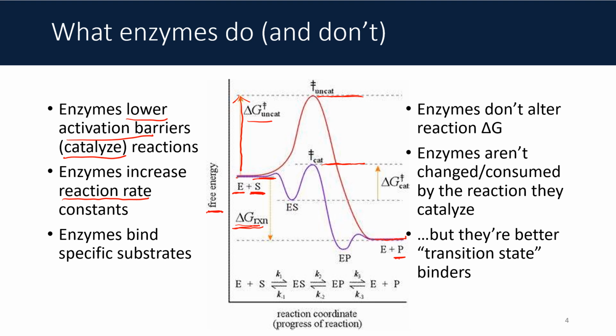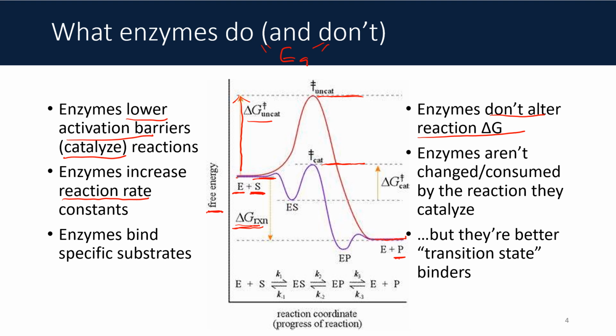It's a very big misconception that the deeper this delta G sinks, the faster the reaction will go, and that's not true. The speed of the reaction, the kinetics, is solely dictated by activation energy. Said another way, enzymes do not alter reaction delta G.